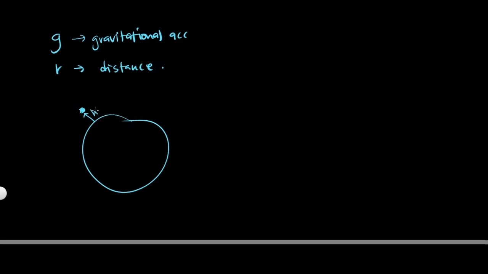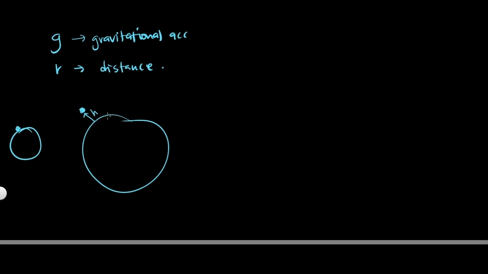So now we are dealing with objects positioned at a certain height from the surface of Earth. Before this, we assumed that the object is exactly on the surface of Earth. But today, the object is positioned at a certain height from the surface of Earth.